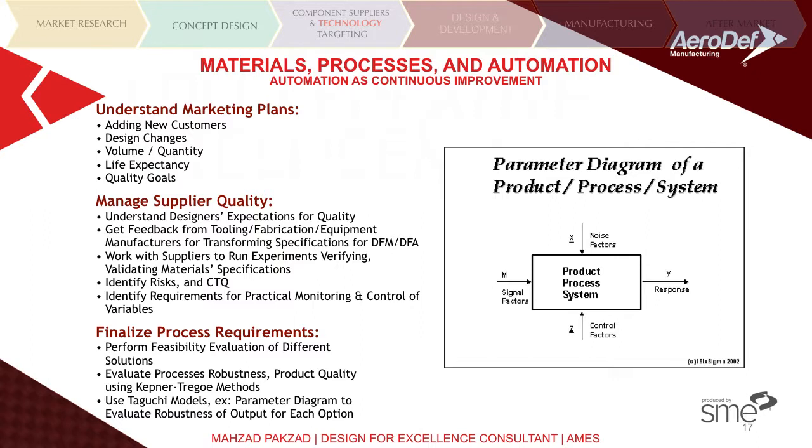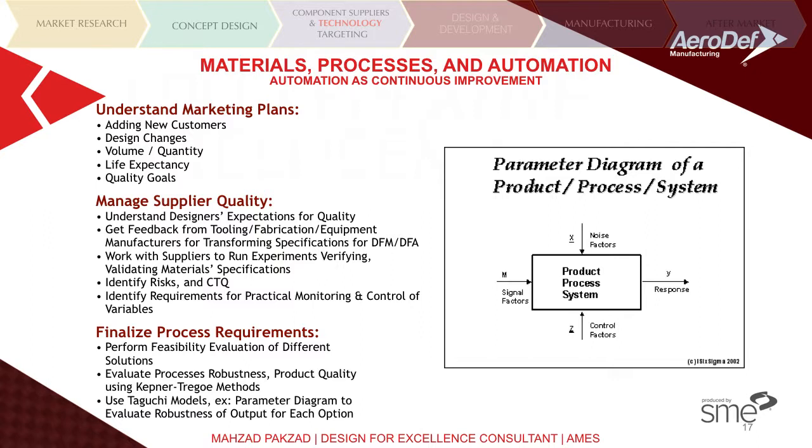And managing supplier quality, they need to get involved with that. Understanding designers' expectations for quality, getting feedback from tooling, fabrication, and equipment manufacturers for transforming specifications, for design for manufacturing, design for assembly. So even though you already have the product and materials specified, you may have to change those specifications so you can handle it automatically.